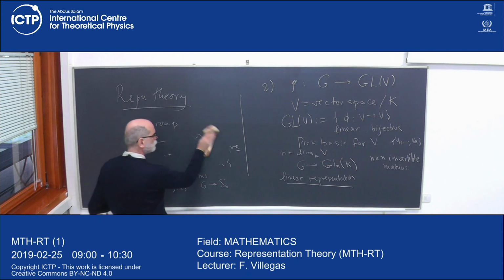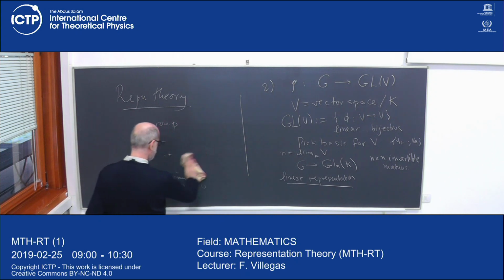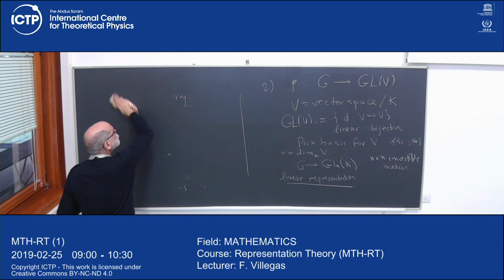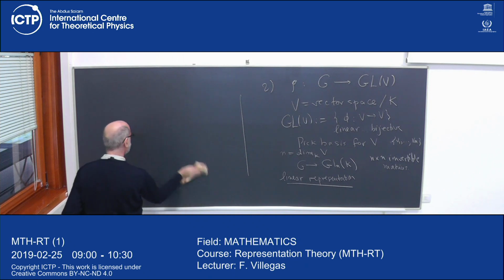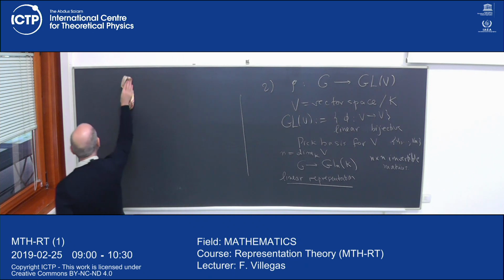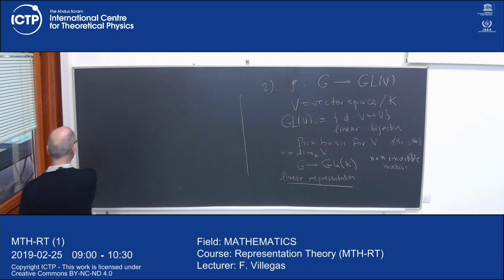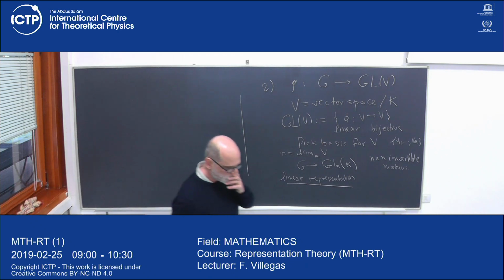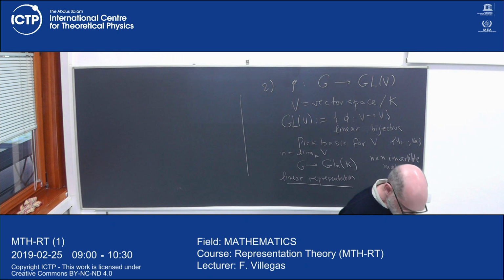Things become more complicated if you consider other fields or infinite sets and so on. If you change those conditions, things are more complicated. So this is a basic case, but it's sufficiently interesting to be worth studying.